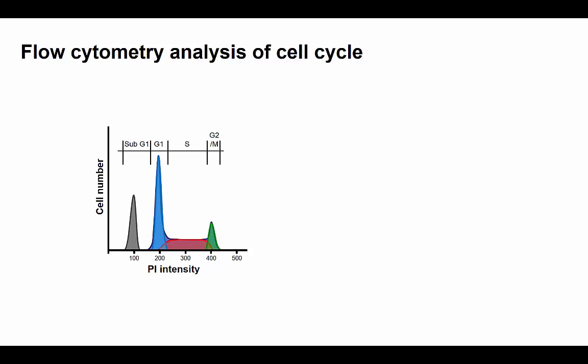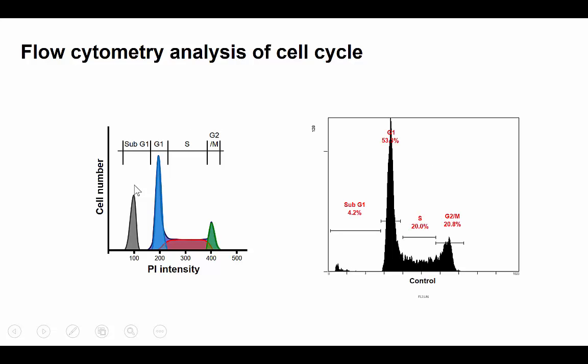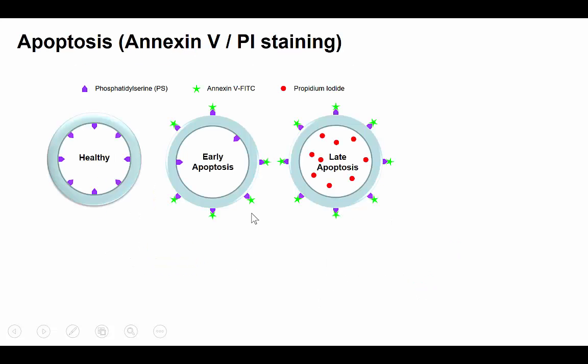By this analysis, we can calculate the relative amounts of G1, G2, and S phase cell numbers and some of the dying cells. This is one example of a real situation. In this kind of cell cycle analysis, this is the G1 stage, usually the highest population, and this is G2M and S phase. Small populations of cells are dying like this.